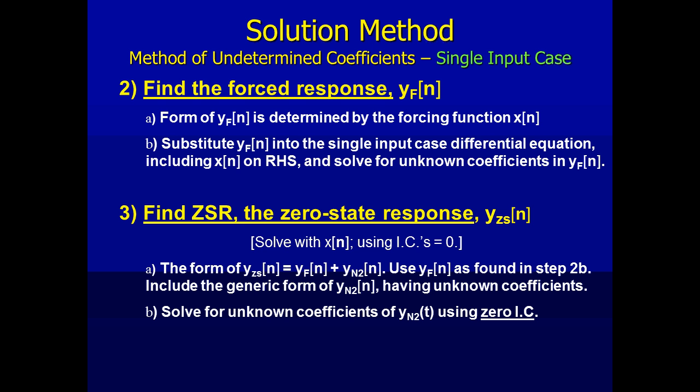So how did we find the unknown coefficient over here? We use initial conditions. So we're going to use the initial conditions, the initial conditions for a zero state response.